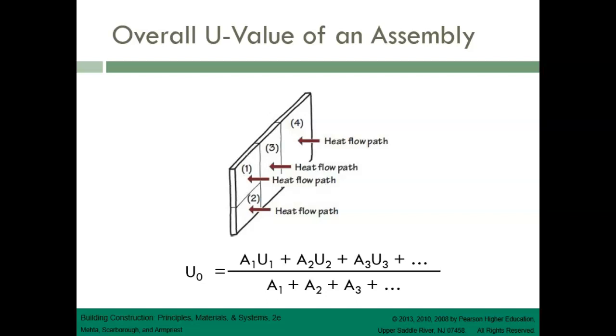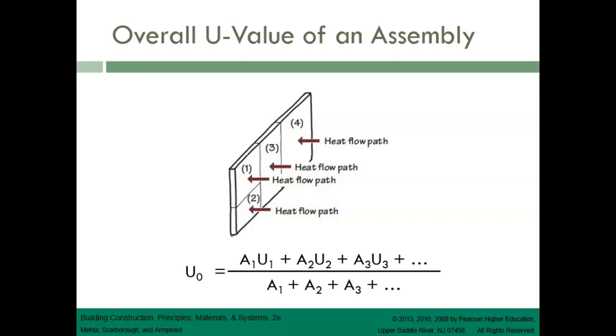Heat flowing through an assembly with several parts arranged side by side divides itself into parallel paths. Heat flow through each path is not the same, in contrast with the assembly in series combination. Again, think in terms of doors and windows that penetrate a typical wall assembly, like the brick veneer wood stud wall that we looked at earlier.